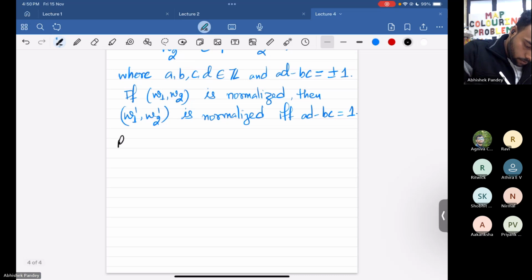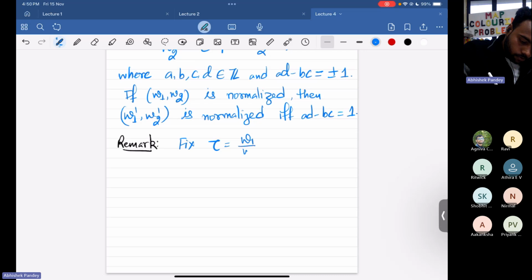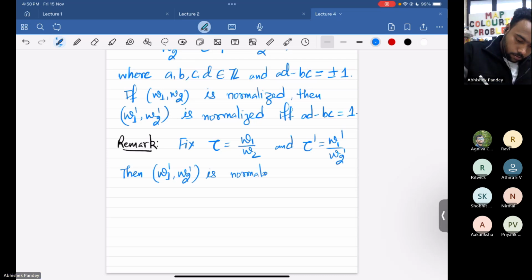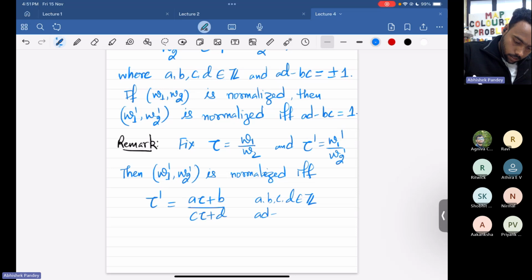Okay, so here's a quick remark. If we fix some notations like tau is equal to W1 upon W2 and tau' is equal to W1' upon W2', then W1', W2' is normalized if and only if tau' can be written as (A tau plus B) upon (C tau plus D), where A, B, C, D belong to Z and AD minus BC is equal to 1.